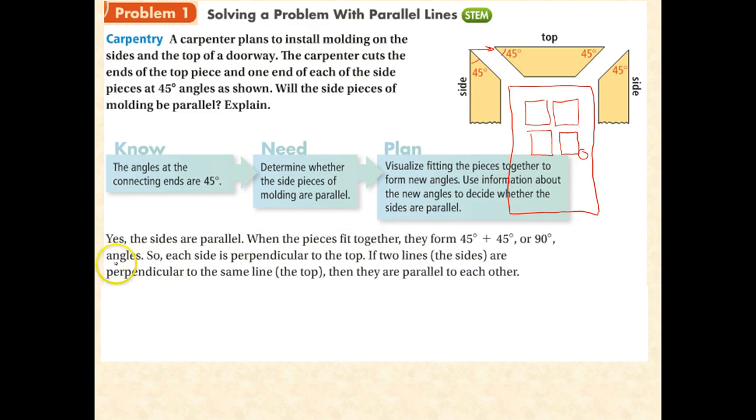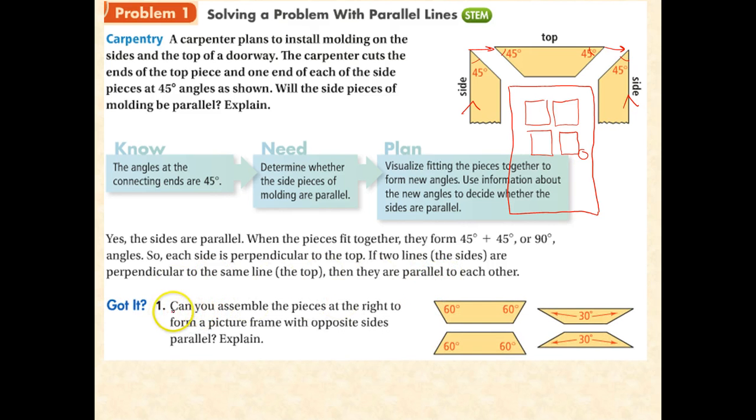That's the angle addition postulate. And if I was to stick these two together, 45 plus 45 is 90 degrees. So I would have 90 degrees here and 90 degrees there. Ooh, didn't we just do a theorem about this? If two lines are perpendicular to the same line, then those two lines are parallel. I think we did.